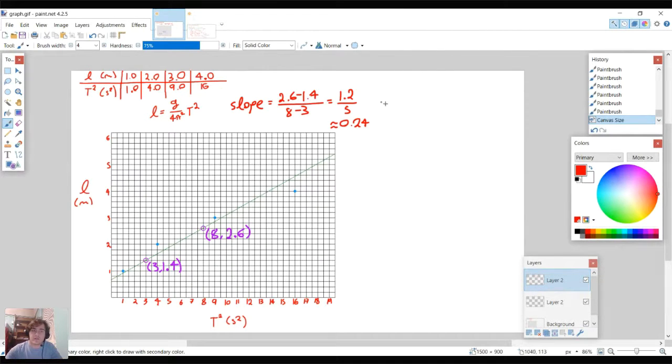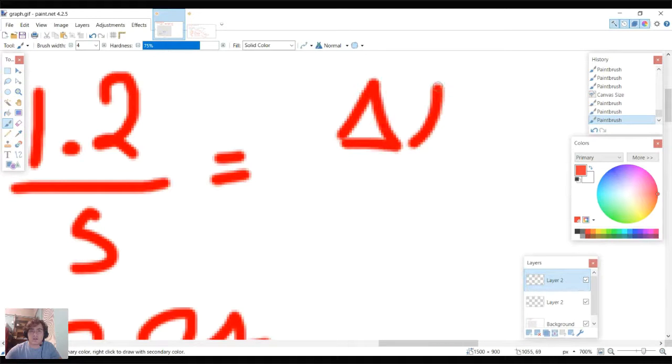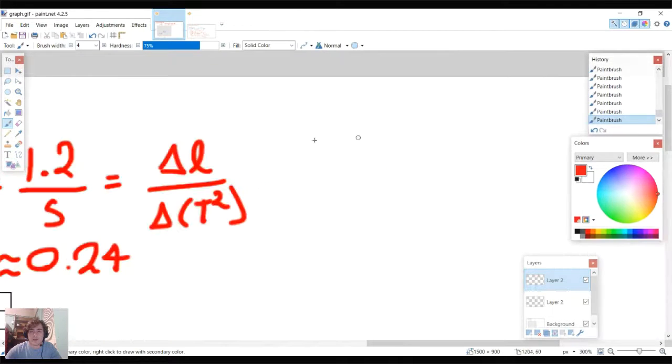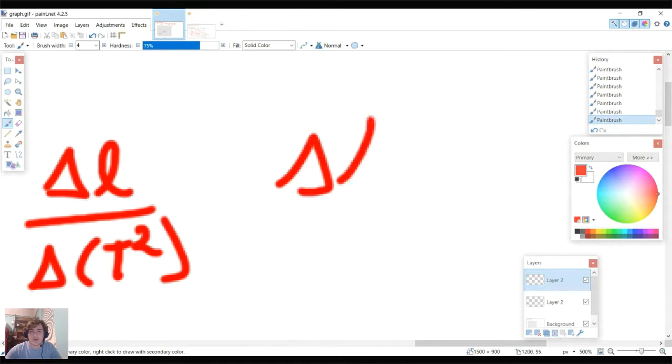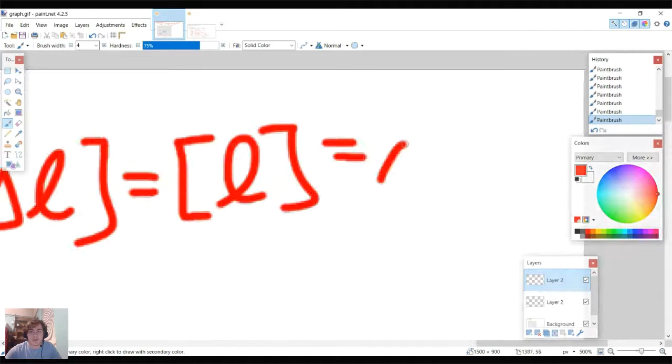We know that this is change in y over change in x, and in this case, it's change in L per change in the variable t squared. And this has units. Delta L has the same units as L, because it's just an L minus an L, and this is meters.